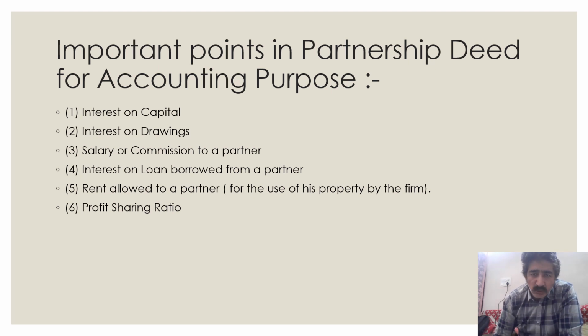As you know, children, drawings refer to the money withdrawn from a business by the owner for personal use. So during the year, whatever money the partners withdraw for personal use from the business, that is called drawings. And in this case, interest will be charged by the partnership firm from the partners. Entries I'll be discussing afterwards.